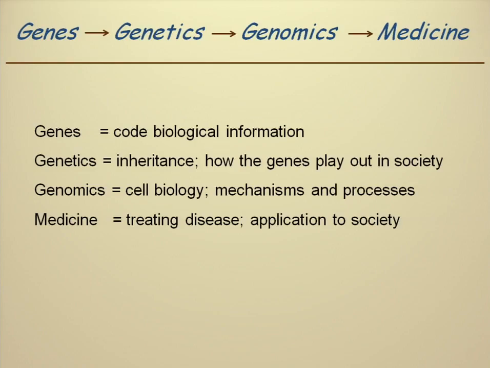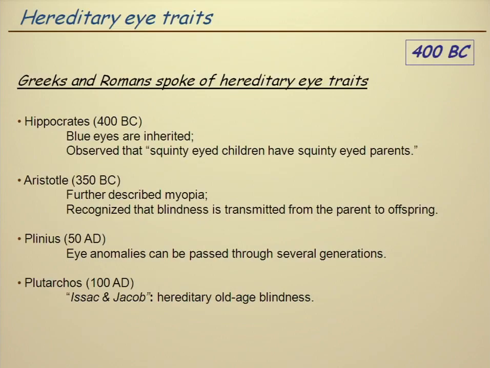And what we have seen is that we started with genes and we're now squarely in the camp of medicine. But let's roll the clock back 2.5 millennia. Hippocrates: blue eyes are inherited. Now that's an interesting idea.